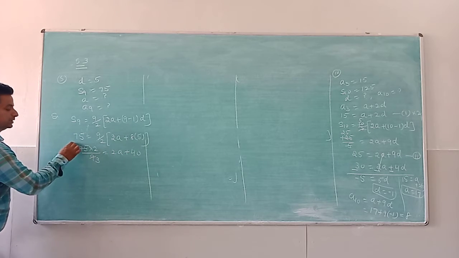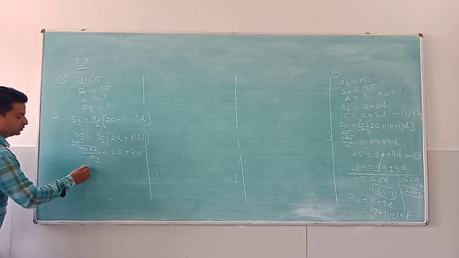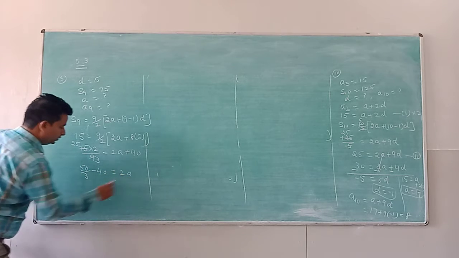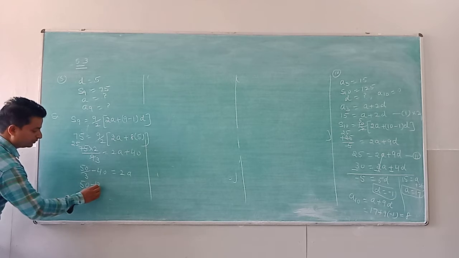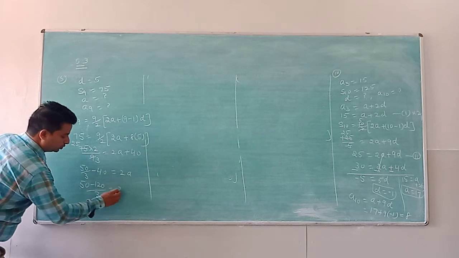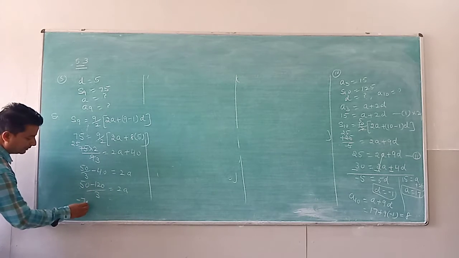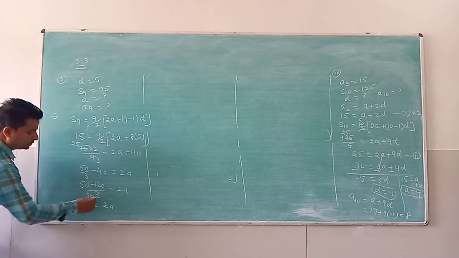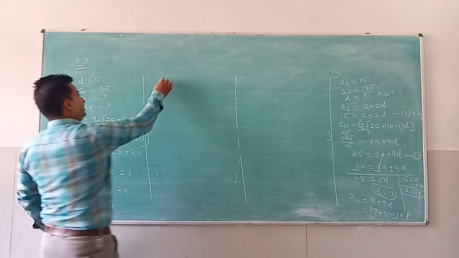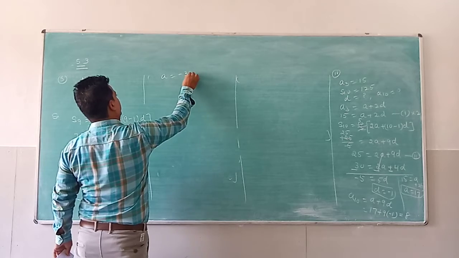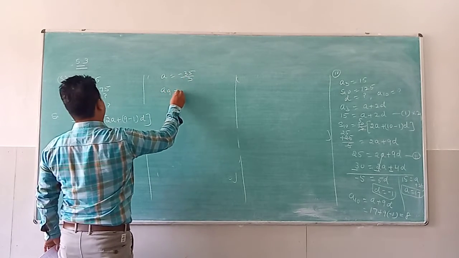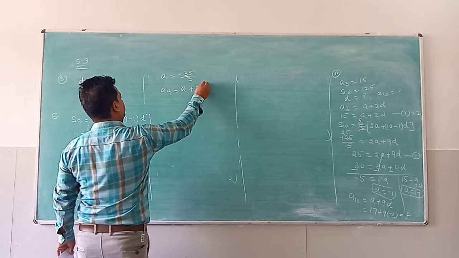This is 25. So 50 upon 3 minus 40 equals 2a. 50 minus 120 upon 3 equals 2a. So this is minus 70 upon 3 equals 2a. This cancels out. So a is minus 35 upon 3, and a9 is a plus 8d.